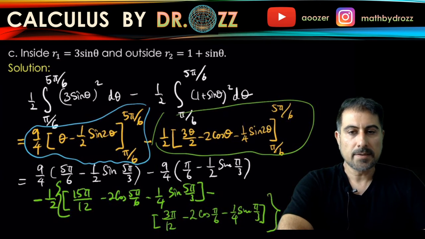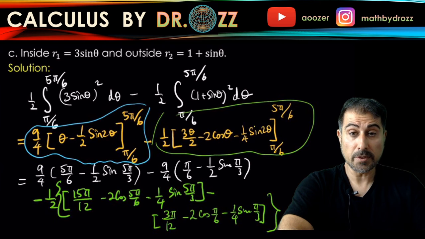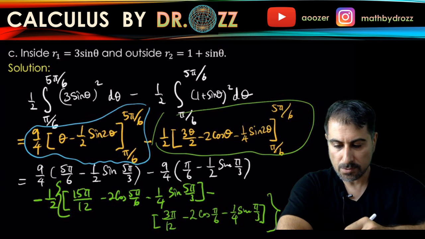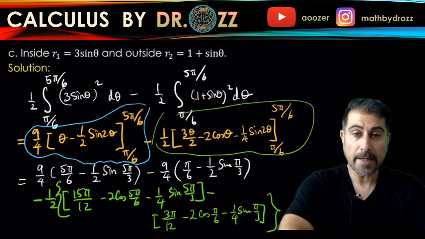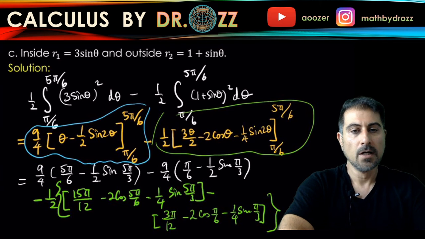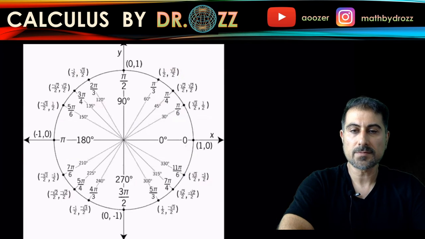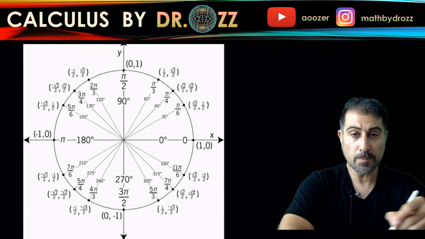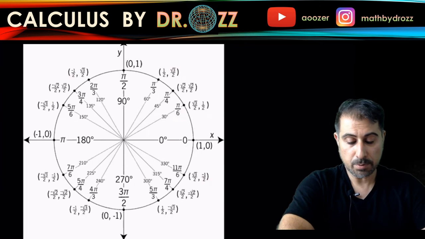The rest is just evaluation, and try to use the exact numbers. I won't do that here because this video is already too long. Go back to the unit circle to grab the cosine of 5 pi over 6, 5 pi over 3. We have all of them listed here, and please have it ready.